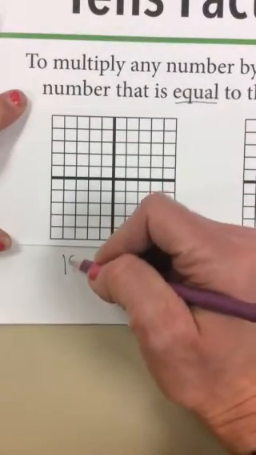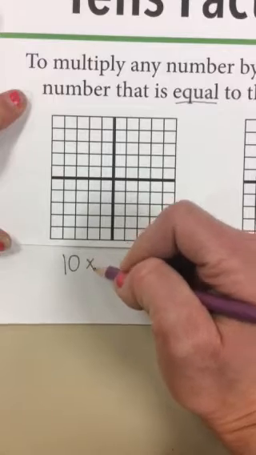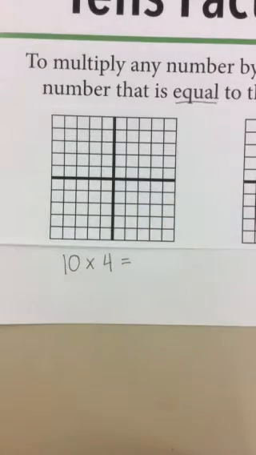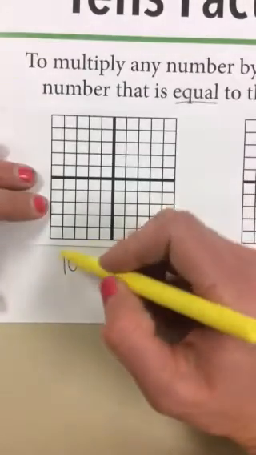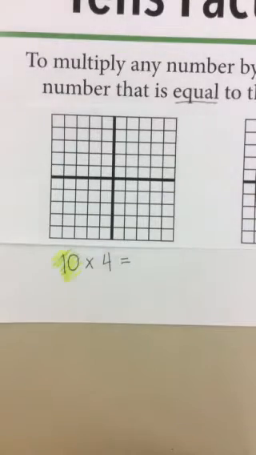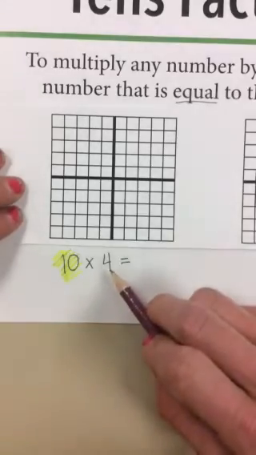Okay, let's say we have 10 times 4. We're trying to figure out that product. I see it and get super excited because I have a factor of 10. Yes! So what does it tell me to do?